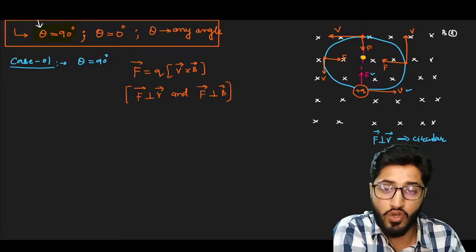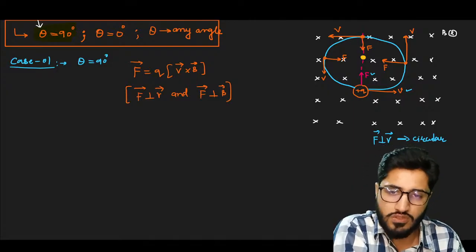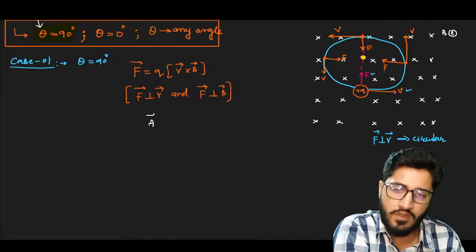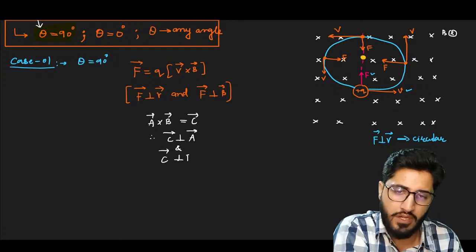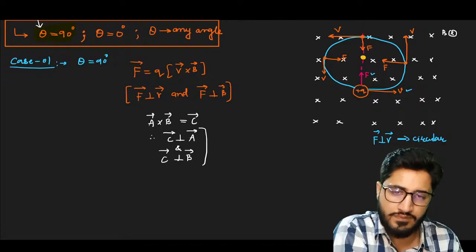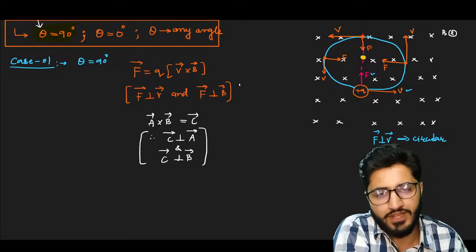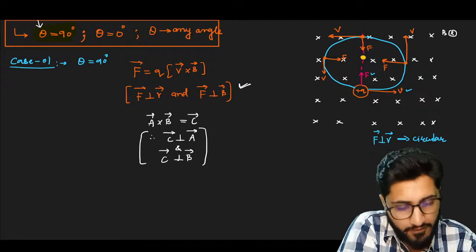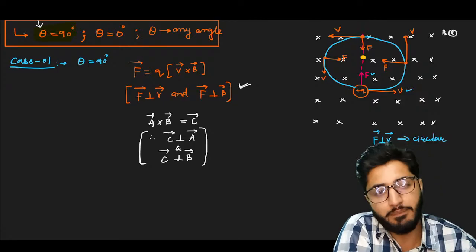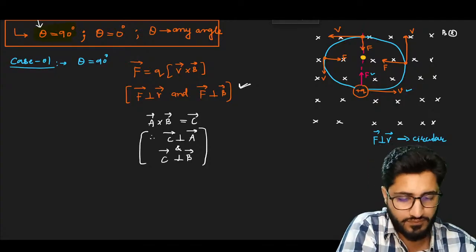Property of a cross product. Let us suppose A cross B is just giving you C. Therefore, C is perpendicular to A and C is perpendicular to B. According to this property, we can conclude my force is perpendicular to my velocity and my force is perpendicular to my magnetic field also.